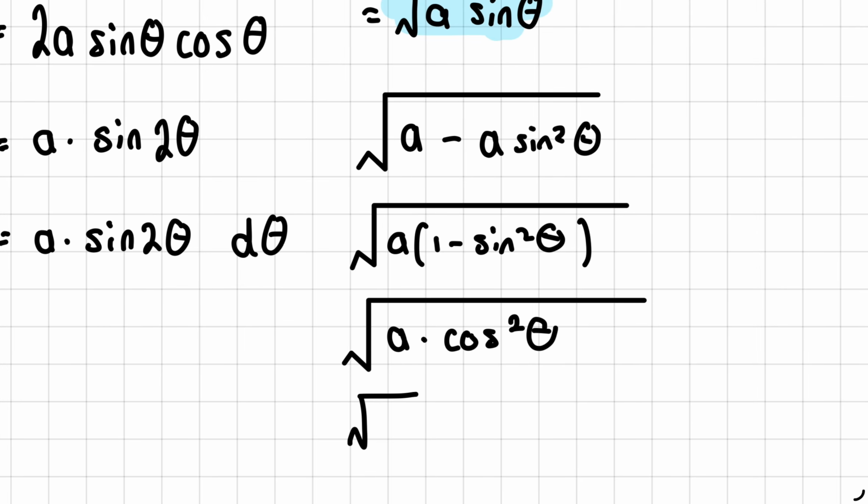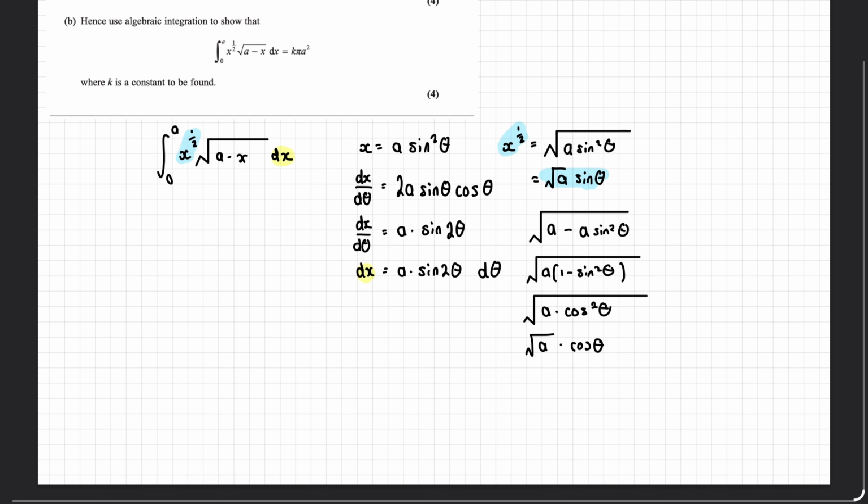So we get root a times cos theta. Okay, and that bit will replace this bit here.